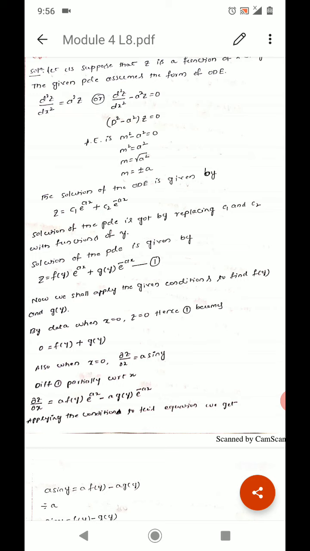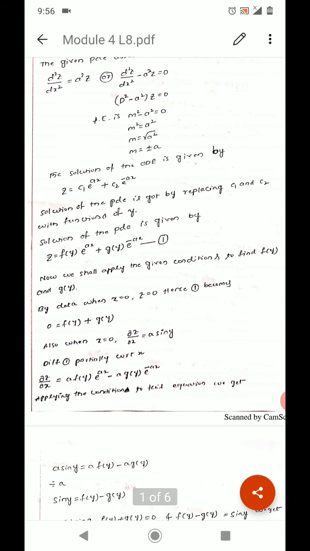Also, to obtain del z by del x, differentiate equation 1 with respect to x partially. So del z by del x is equal to f of y into differentiation of e power ax is a into e power ax plus g of y into differentiation of e power minus ax is minus a into e power minus ax. Therefore del z by del x is equal to a into f of y into e power ax minus a into g of y into e power minus ax.